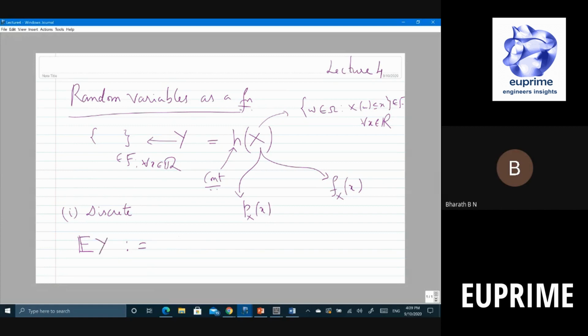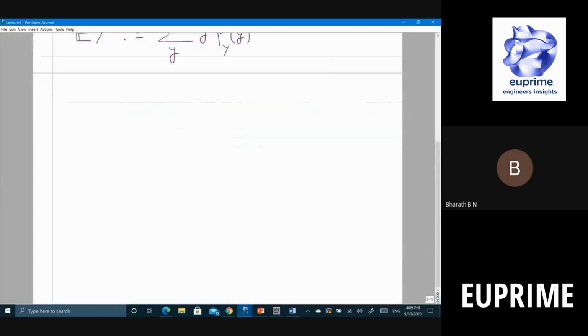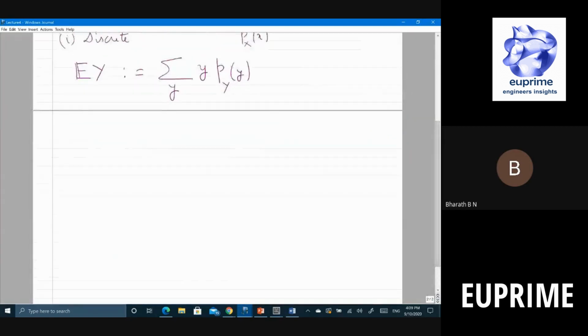How do you compute it? Of course, one definition is you sum over all y, y times the PMF of y. This is the definition. But if you were to compute the expected value this way, you need to know the PMF of y. Do you agree? So how do you compute the PMF of y? What is p_Y(y)?